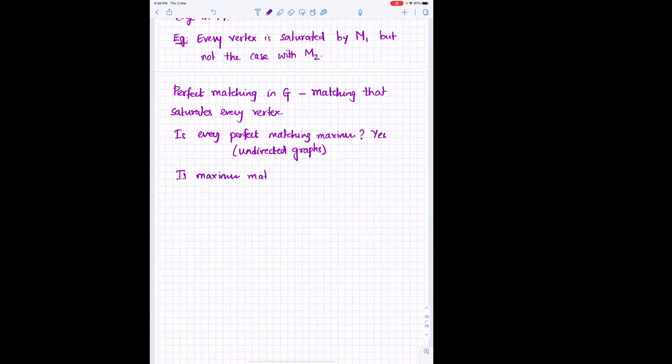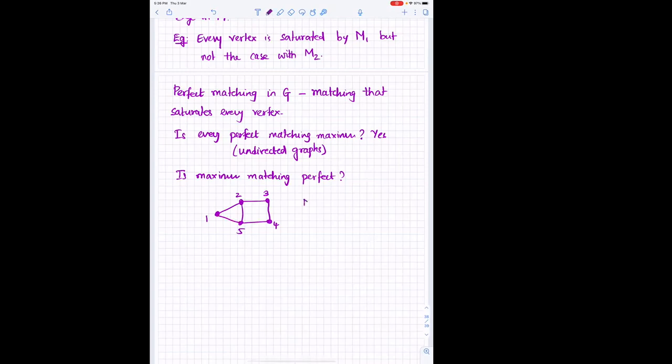So if I find a matching of the largest cardinality in the graph, for example, let's look at this. This is a maximum matching, right?